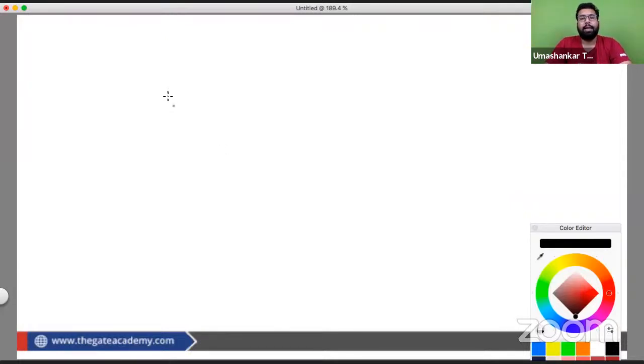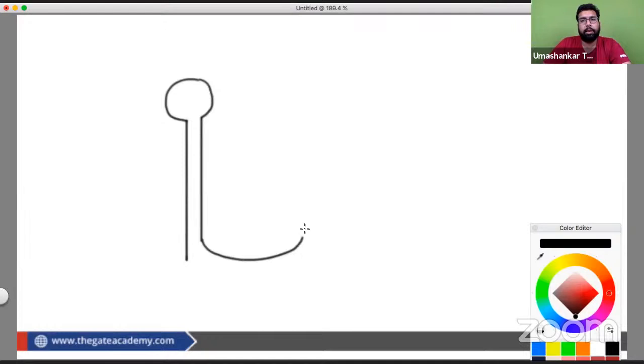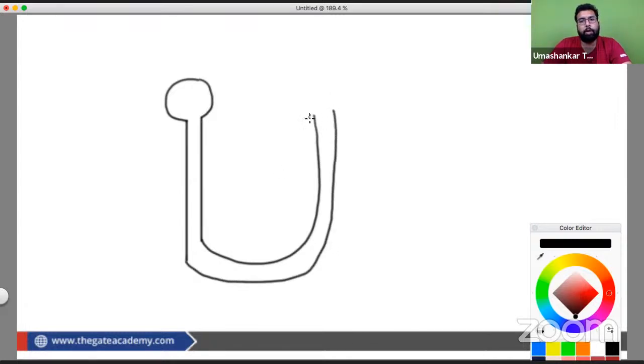Okay. So, Gayatri, beta, let me make this figure like this. Now, please tell me, beta, we have this problem. This is somewhat your manometer, right?